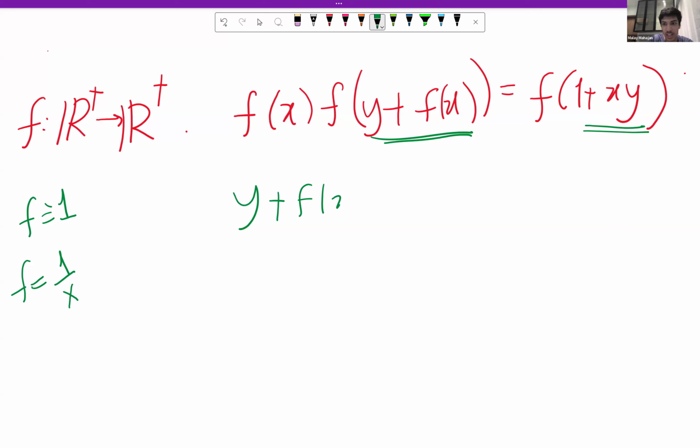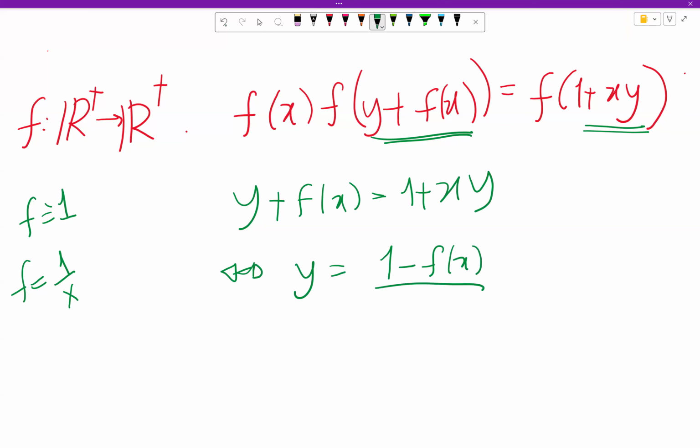So I want to equate these two things. And when can I equate this? This is the same as saying y is 1 minus f(x) over x minus 1.